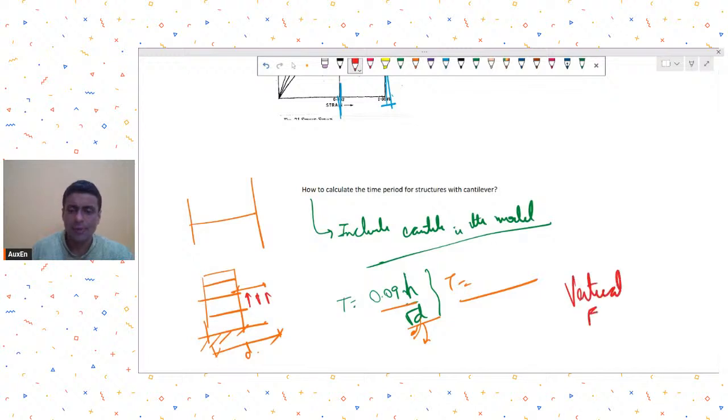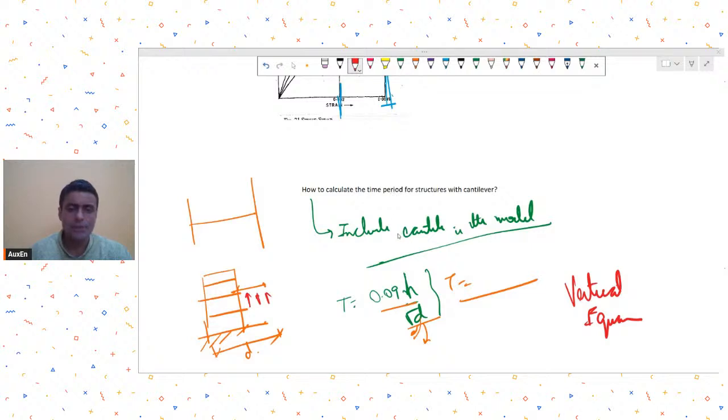That will be important, and the procedure for vertical earthquake calculation is given in the code, so you can follow that procedure. So the short answer is that for time period you are forced to use the codal formulae, and those are the formulae you have to use.